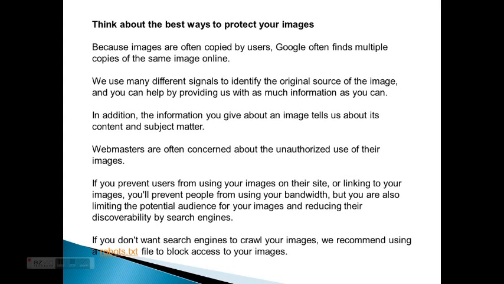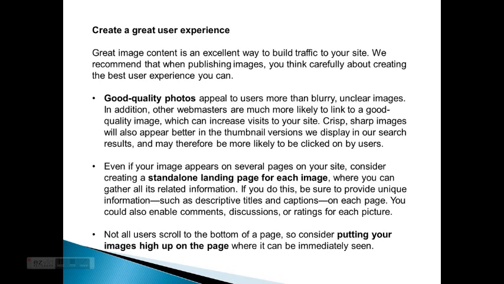Webmasters are often concerned about the unauthorized use of their images, and if you prevent users from using your images on their site or linking to your images, you'll prevent people from using your bandwidth, but you also limit the potential audience for your images and reduce their discoverability by search engines. If you don't want search engines to crawl your images, we recommend using a robots.txt file to block access to your images.